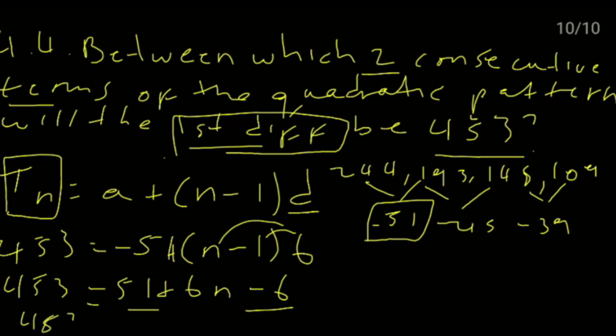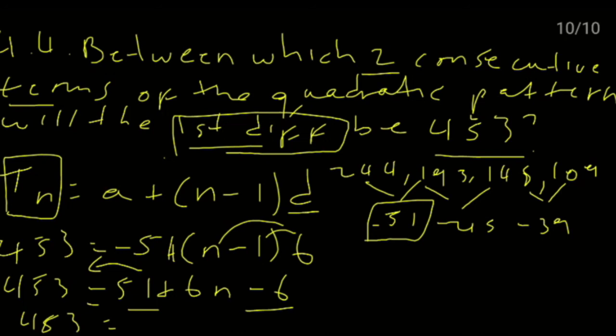so it's 453 equals, if you take the 57 to the other side, it's minus 57, it's going to be positive 57, so it's going to be 453 plus 57.